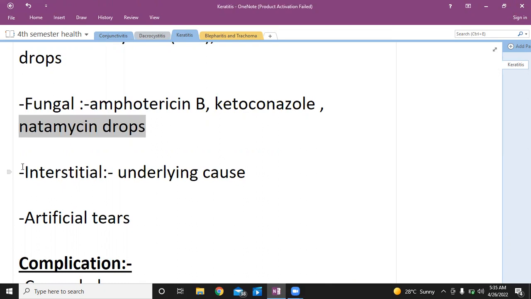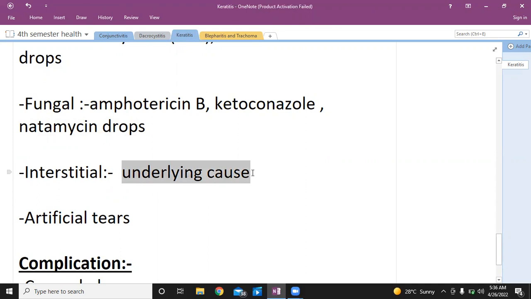So whenever you have to treat interstitial keratitis, you do not treat the keratitis directly. You first go to the underlying cause and treat it. Once the underlying cause is treated, you then go back and treat the keratitis conservatively, and that will be treated. So it depends upon the underlying cause.